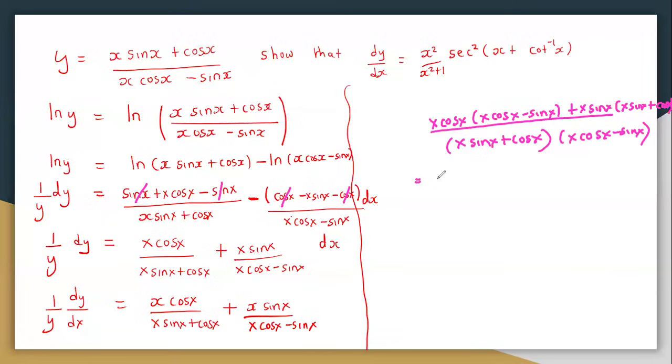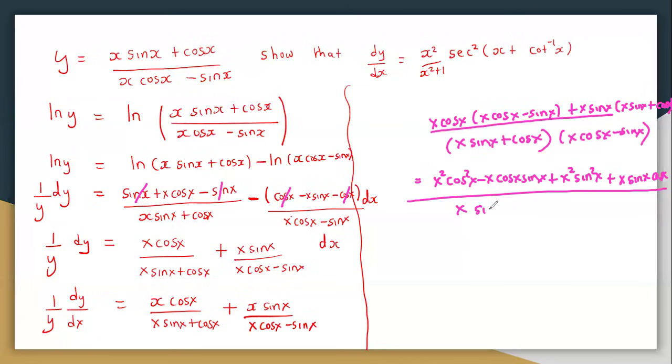So you open up your bracket, you'll have x squared cos squared x minus x cos x sine of x. I'm opening the bracket plus x squared sine squared x, then plus, you notice, x sine x cos of x, everything divided by x sine of x plus cos of x into x cos of x minus sine of x.